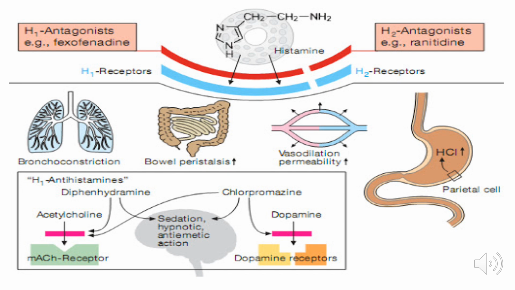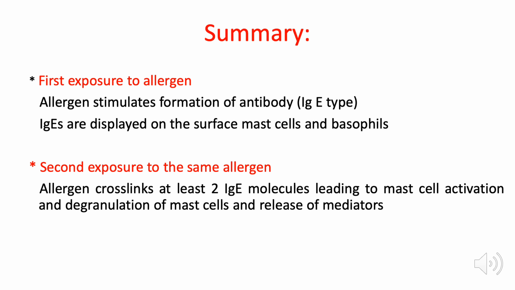So, the summary is, first exposure to the allergen will just result in the binding of the IgEs produced to the Fc receptors present on the mast cell and basophil. There is no degranulation at this point. But after several re-exposures, cross-linking will happen, and that will result in the release of histamine from the cytoplasm of the mast cells and basophils.